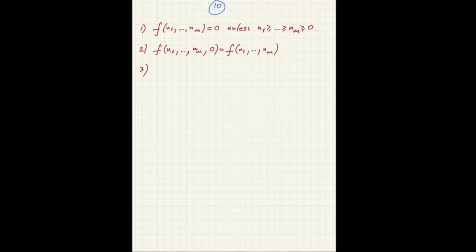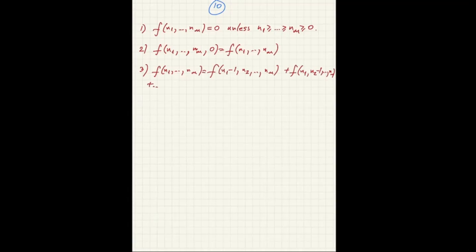And the third property is what I just showed you earlier, that if you want to calculate f of n1 and m, you can just do f of n1 minus 1 and 2 and m plus f of n1 and 2 minus 1 and m.